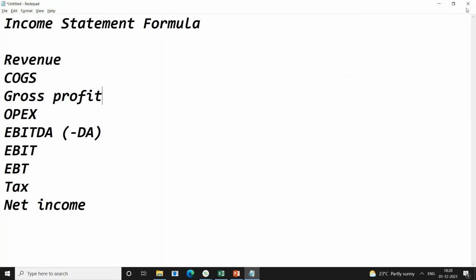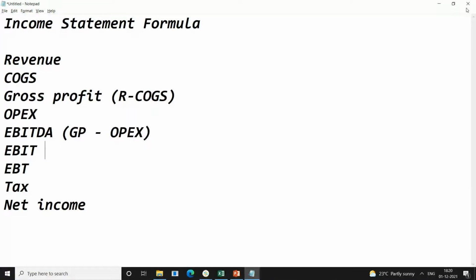When it comes to the gross profit, I have revenue minus COGS. Once that is done, for OPEX you need to take the sum of all the OPEX. For your EBITDA, you need to take gross profit minus OPEX.